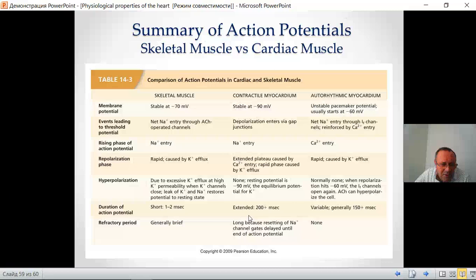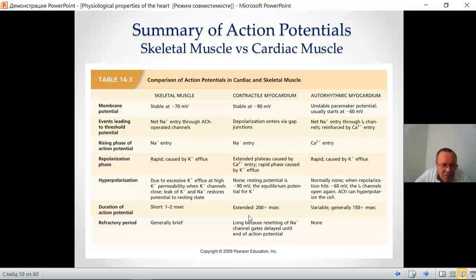Next, information about events leading to threshold potential. For skeletal muscles, sodium ions enter through the acetylcholine-operated channels, and for cardiac muscles, depolarization enters through the gap junctions.